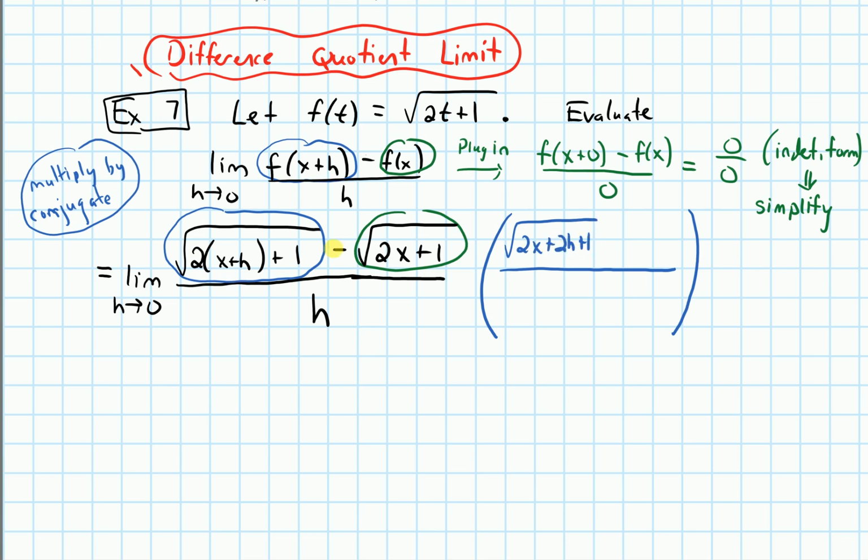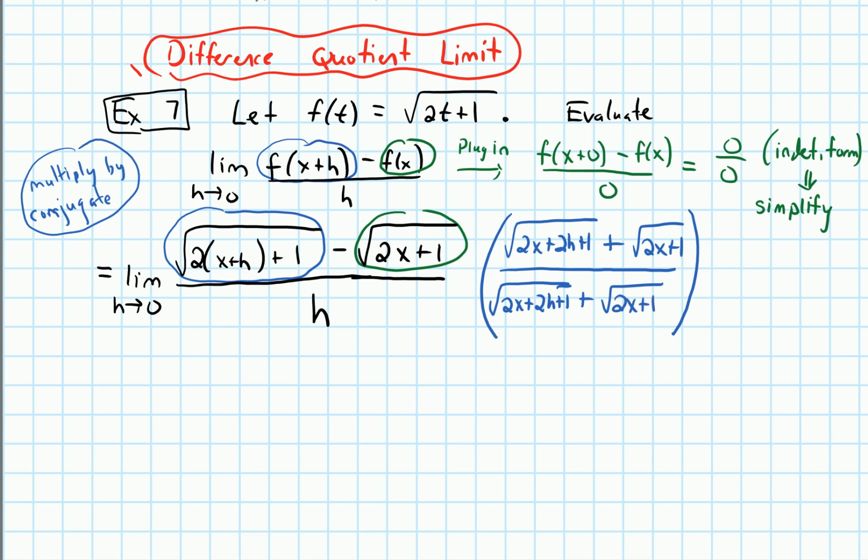And then the conjugate means we switch this sign, so instead of a minus, we'll have a plus. And then our other square root term, which is square root of 2x plus 1. So same thing on the denominator. Root of 2x plus 2h plus 1 plus root 2x plus 1.